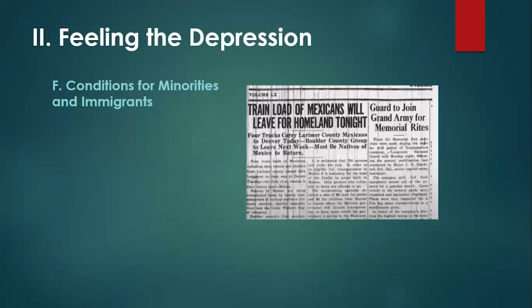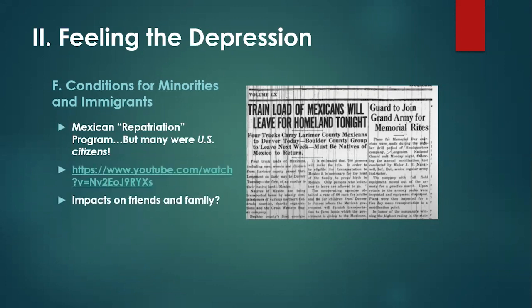But in addition to that, Mexican Americans and Mexican immigrants, particularly, faced a very specific form of discrimination through a program referred to as the Mexican repatriation. Repatriation, as we'll see here, is perhaps not the most accurate term because a lot of these individuals were actually U.S. citizens.